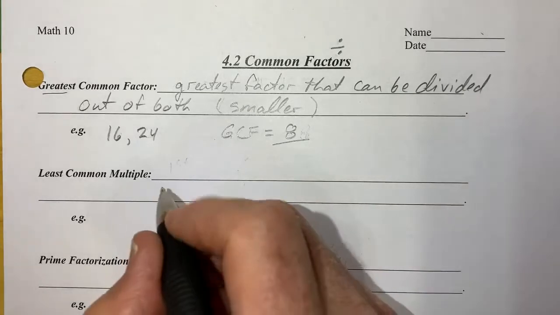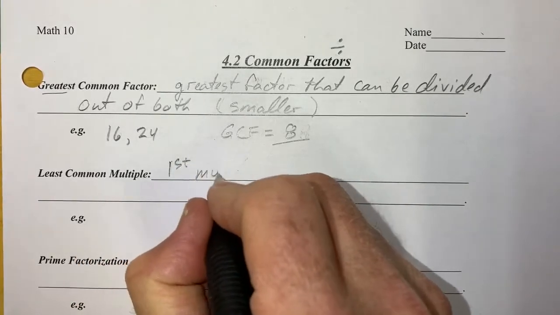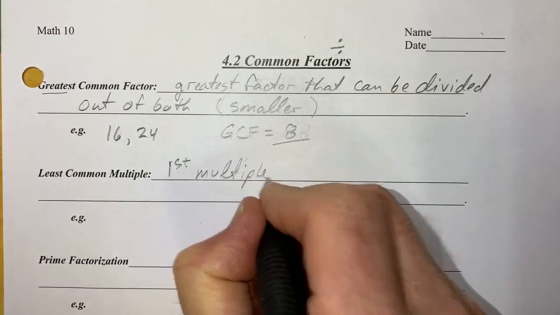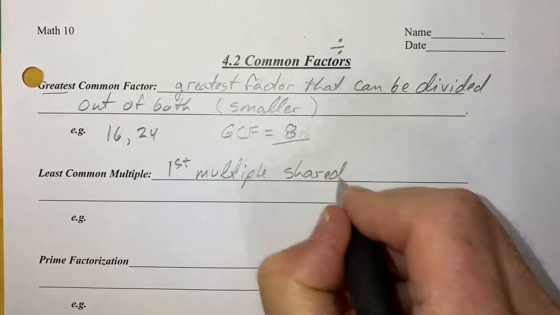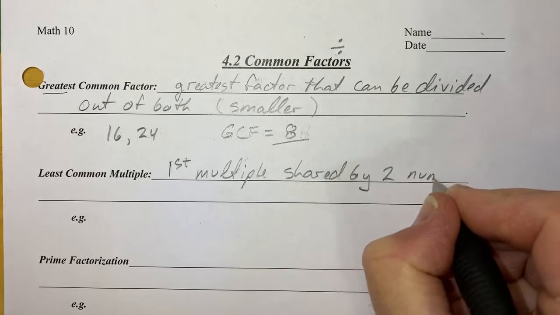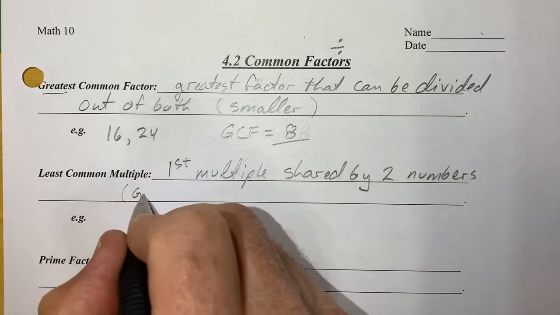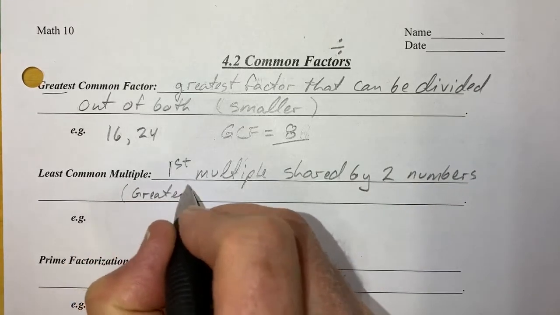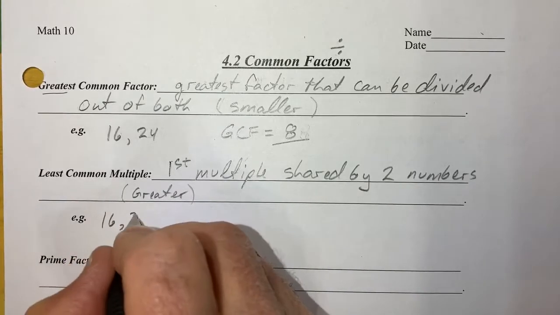Okay, well, the least common multiple, this one is the first multiple that is shared by two terms or two numbers. And it's usually greater. It has to be bigger than both. So, for example, let's say we had 16 and 24.